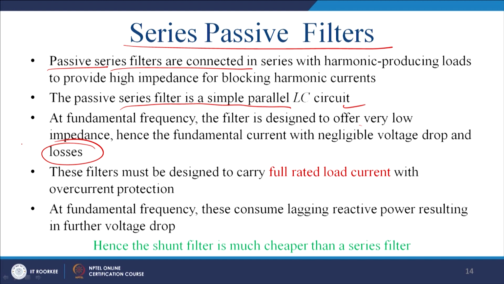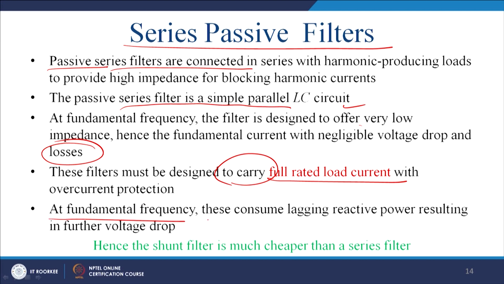So, it will see the full rating of the current. This filter must be designed to carry full rated current with overcurrent protection. This is one of the major drawbacks of series filters: its rating is required to be higher.